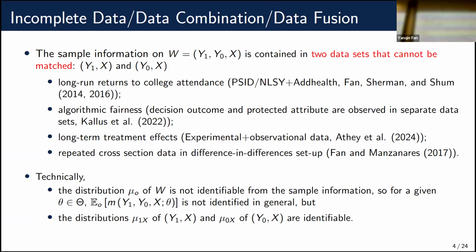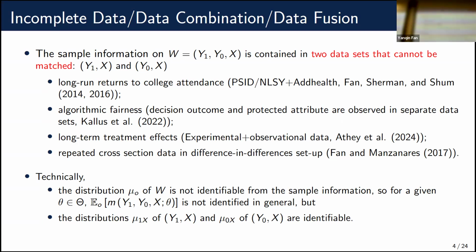These are commonly used longitudinal data in economics, but it has been suggested that college attendance depends on other factors as well, like genetic factors or whether your friend goes to college. These variables are not observed in these two data sets, but typically they are available in ad hoc data.